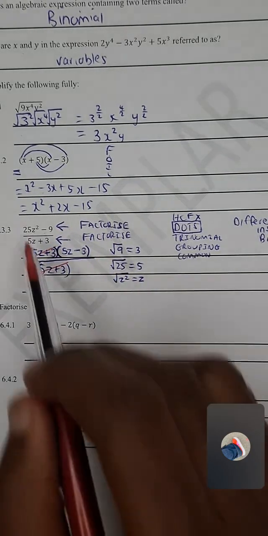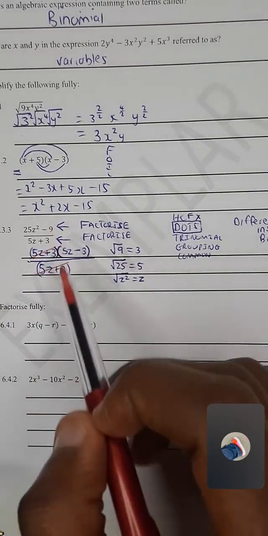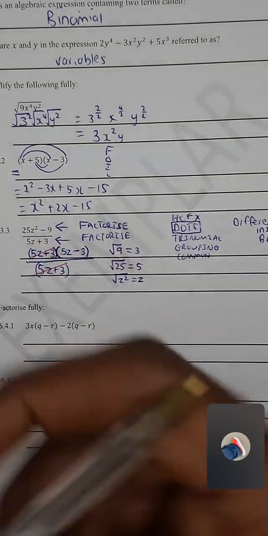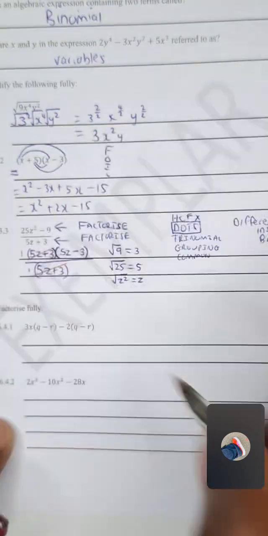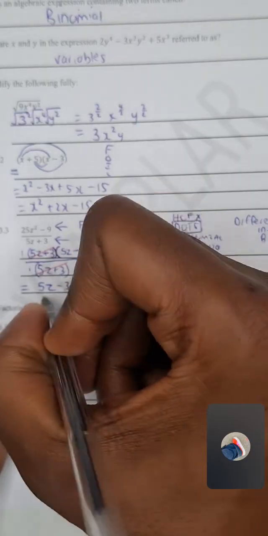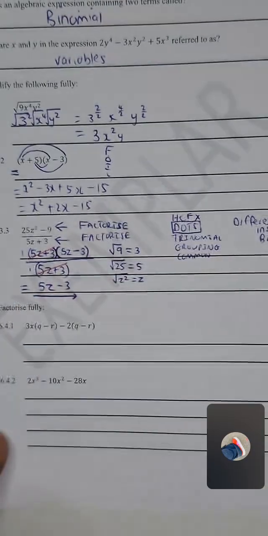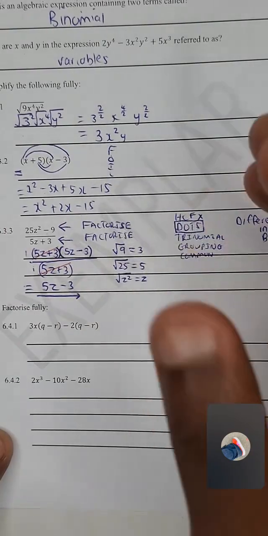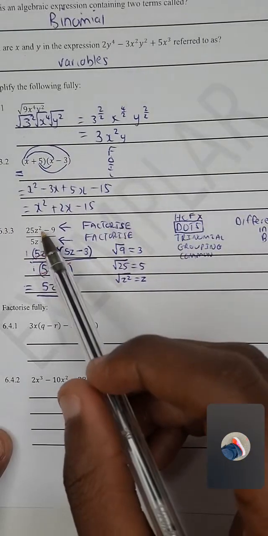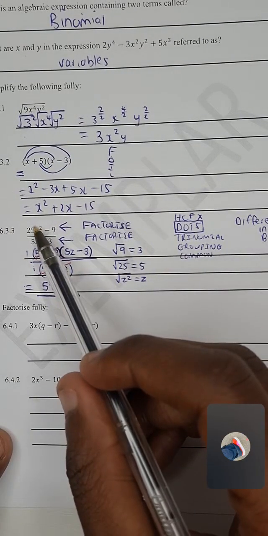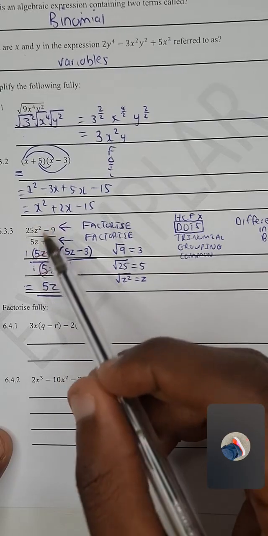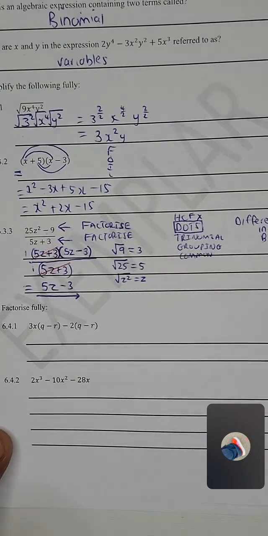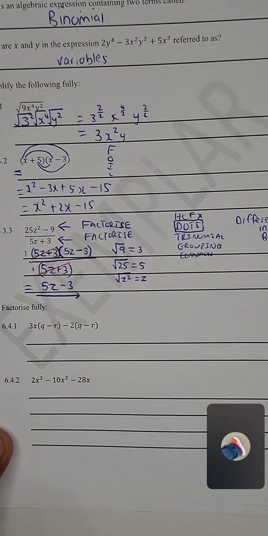Cancellation can happen top and bottom. Something divided by itself gives you what? Gives you 1. So that's why the answer is 5z minus 3, for this reason, not for the reason you mentioned earlier. Because we can't cancel things across an addition and a subtraction sign. It's not allowed.